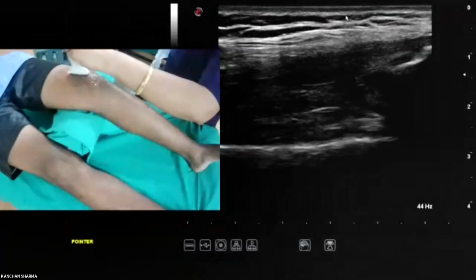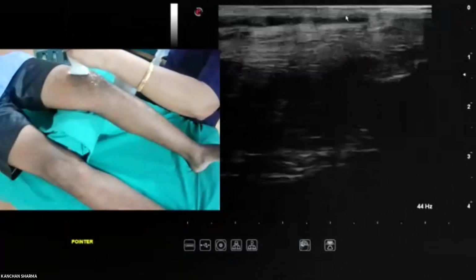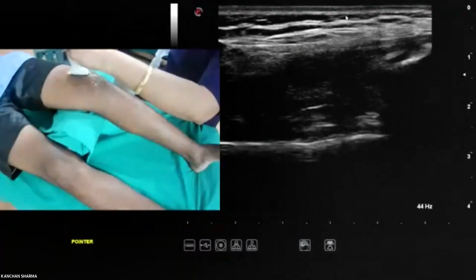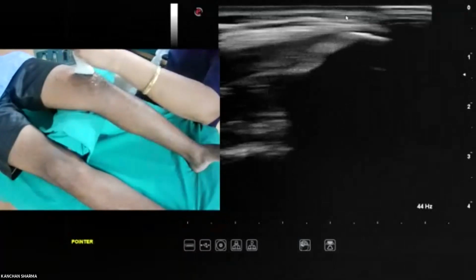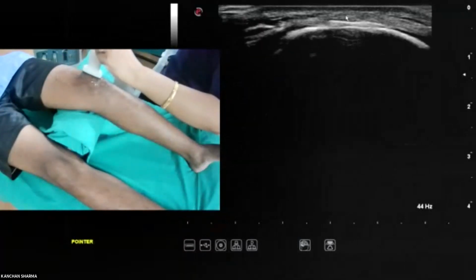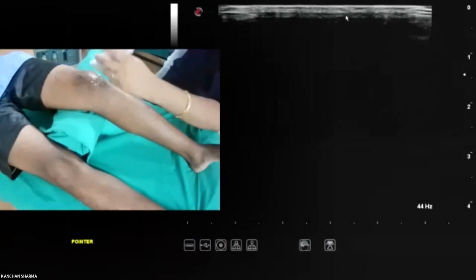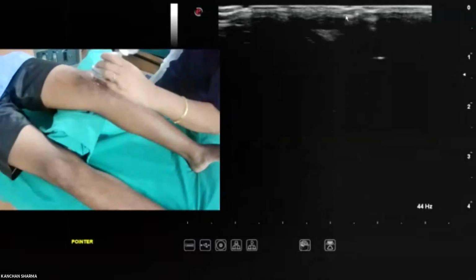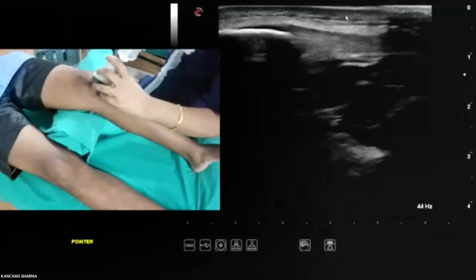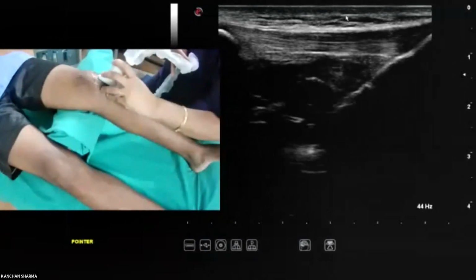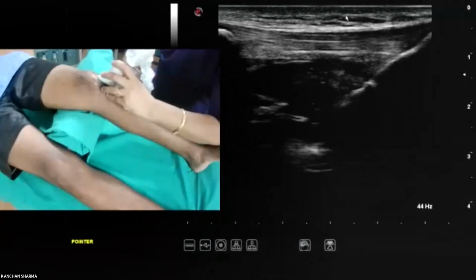See the light you can see on the screen. Probe was in the longitudinal axis over the quadriceps tendon. From there, we have come over the patella. And from this patella, we are going to move down. So let me move down and then I will share with you how to go about it.